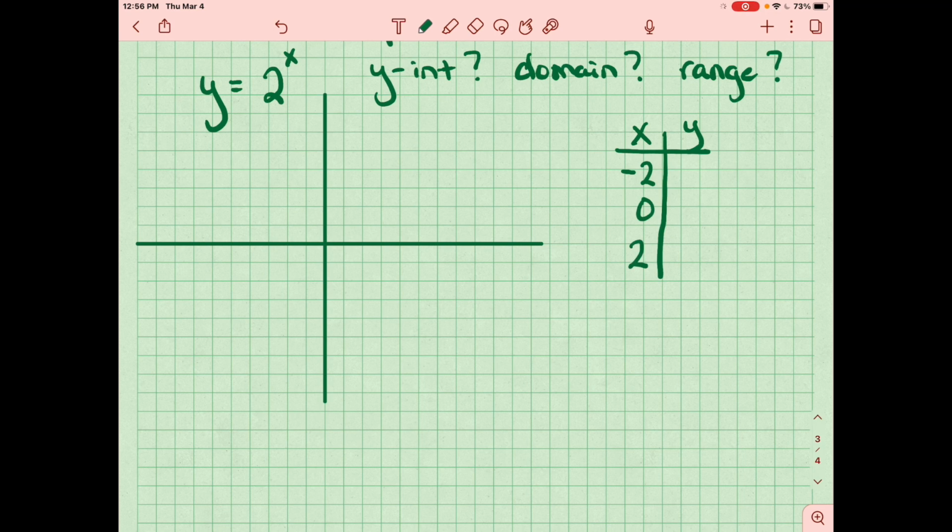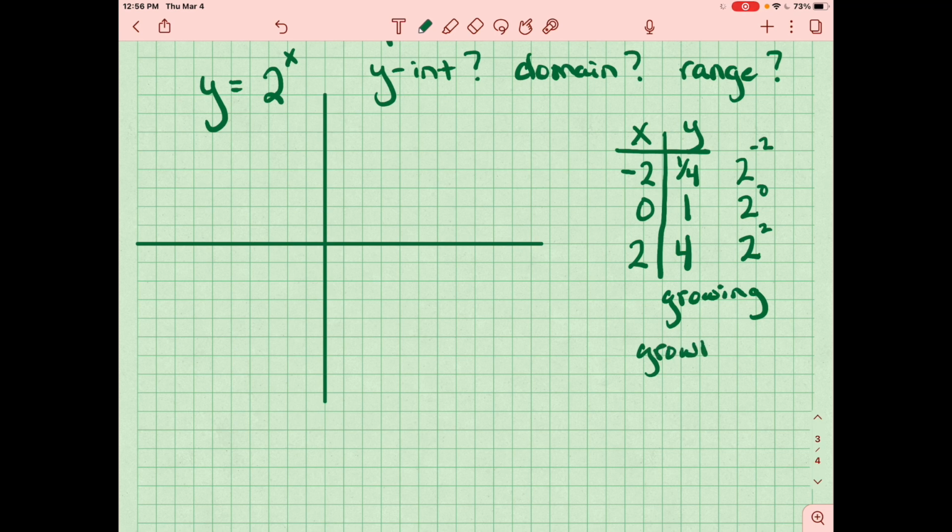So 2 to the -2 is going to be 1 over 2 squared, or 1/4, a fraction. 2 to the 0 is always 1, because anything to the 0 power is 1. 2 squared is 4. I notice that as x gets bigger, this is growing, and it is growing by a factor of 2.